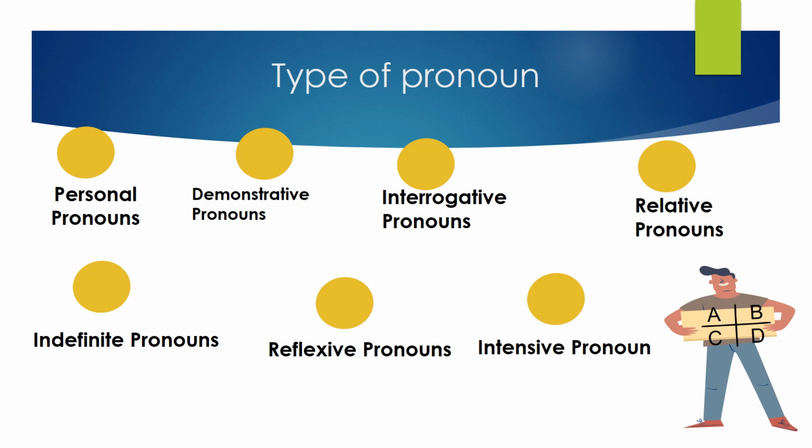Fifth, indefinite pronouns. Sixth, reflexive pronouns. And the last is intensive pronouns. So what is all about those kinds of pronouns? We're going to discuss it in more detail on the next slide.